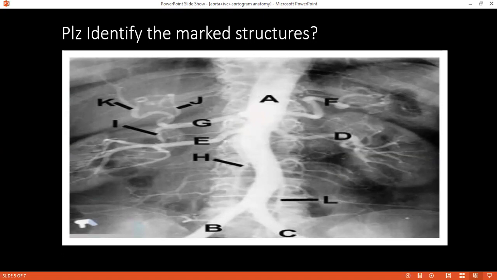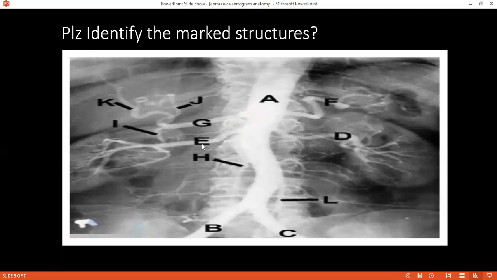Can you please tell me if you can identify these structures from A to L? What is A, please? A, it's the abdominal aorta. B, right common iliac artery. C, left common iliac artery. D, left renal artery.